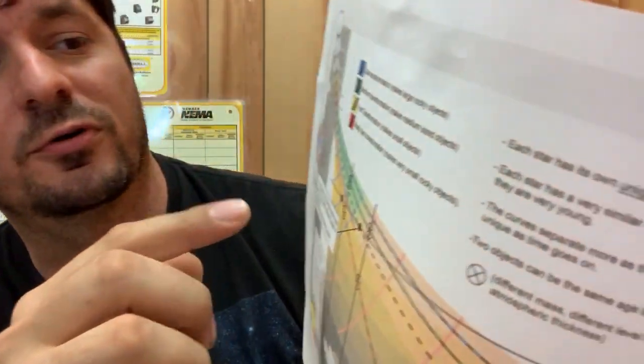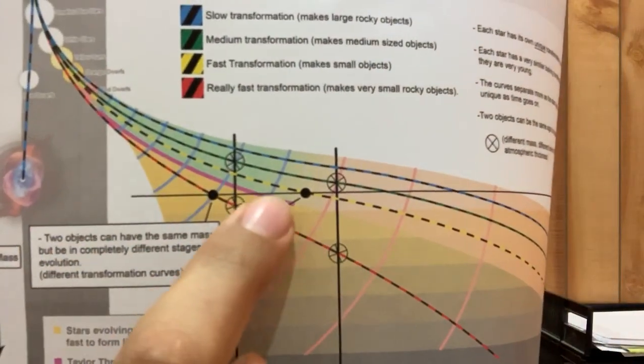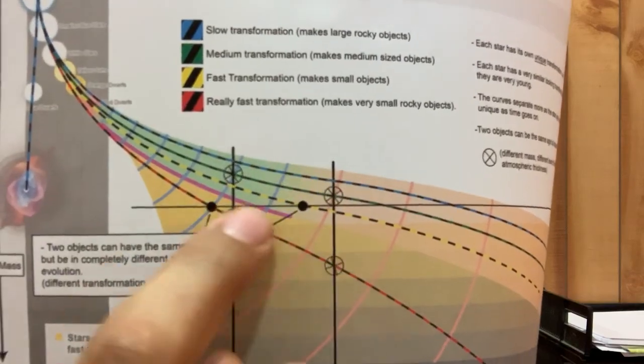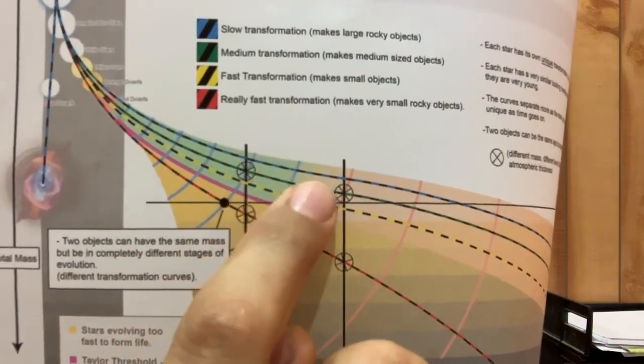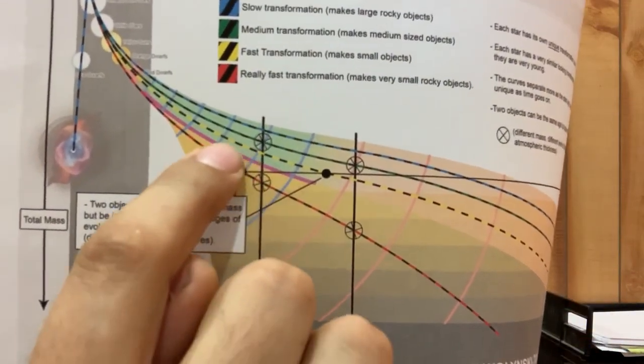What the establishment does is say, we know how old the red dwarf is, and that means all the 7 TRAPPIST stars around it are all the same age as this one. But if you look at this graph, that's literally impossible. A red dwarf would sit right up here. And all 7 of those highly evolved stars sit somewhere over here, which all could be very different ages, and also are by default very different ages. They sit between 5 and 25 billion years old, or maybe even a little bit younger over here.